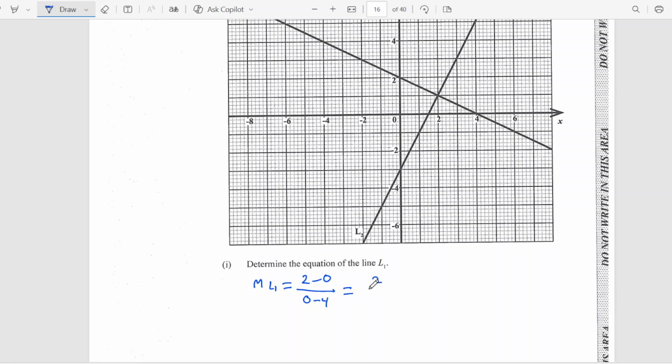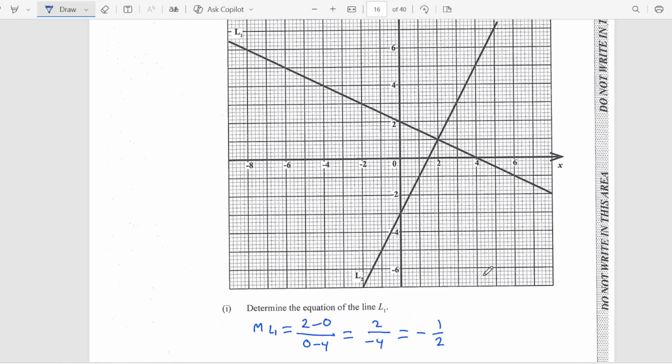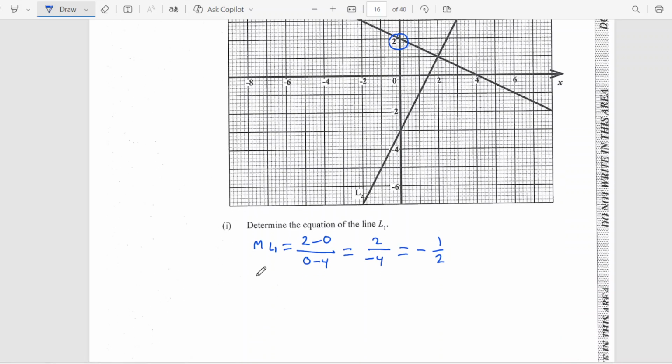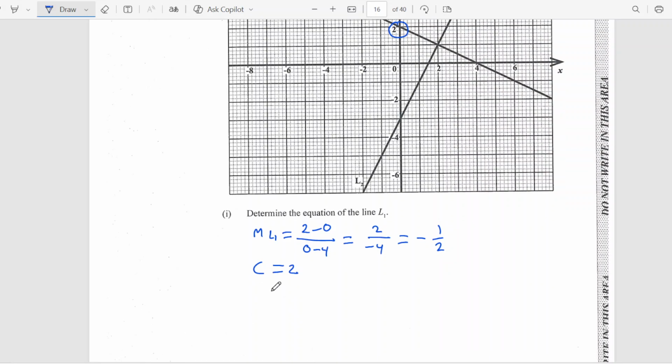That will be 2 over negative 4, which is negative a half. So the gradient is negative a half, and L1 is passing through the y-axis at 2. So c is 2 from your graph. So the equation of line L1 is y equals negative a half x plus 2.